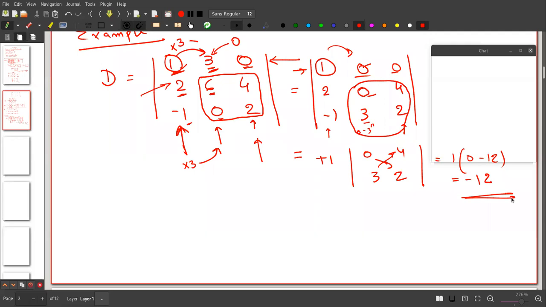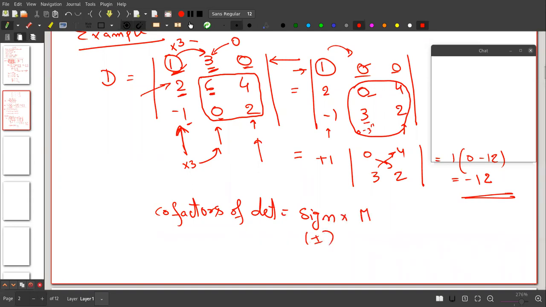So these are all about the cofactor and minus. So just to repeat, cofactor of determinant equals to sign, sign means plus minus, into minor of determinant. Okay, so this is cofactor and minus.